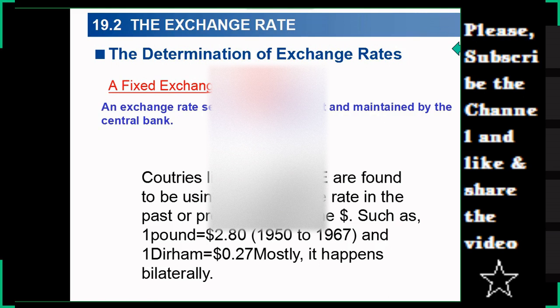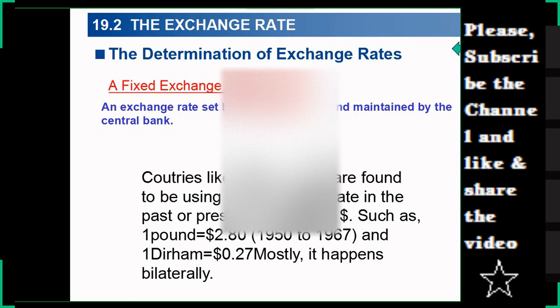Now you can see 1950 to 1967, so a long duration they practiced this fixed exchange rate system. Okay. Now after 1970, they stopped using this. Rather, they put their currency into the floating exchange rate system.